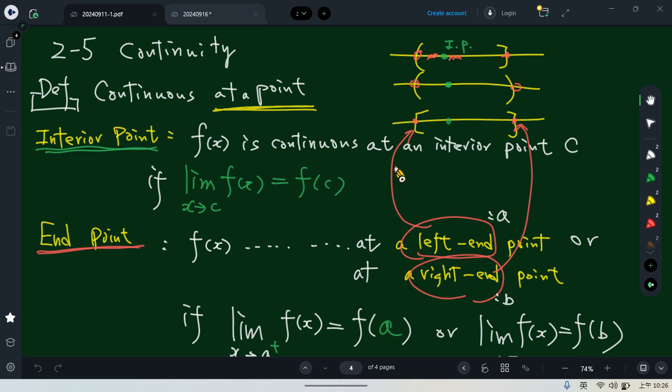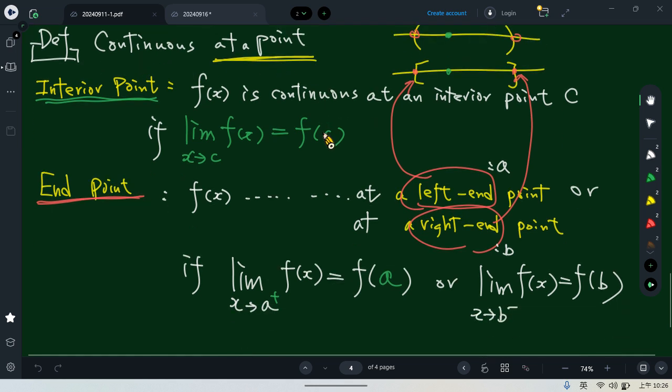So we need to check if every point within the domain can still hold the property of continuity. If so, then we will say it is a continuous function. Later on, I will show you the latter two aspects. But the first one is continuity at some certain point.